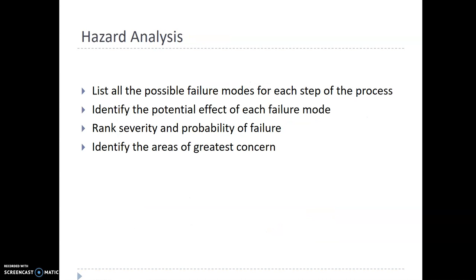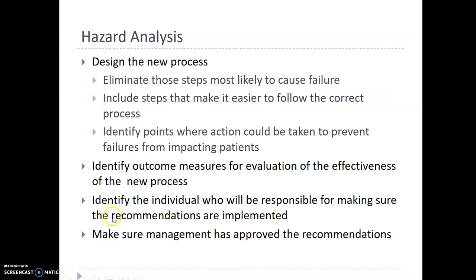Listing all those possible failures that may happen at each step of the process and ranking the severity of that failure to cause an error is an important part of this process.